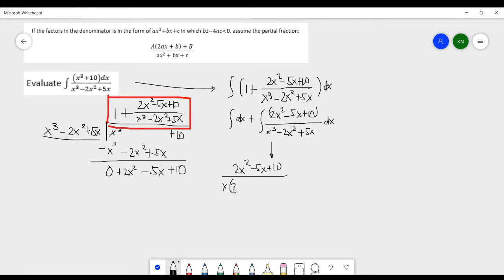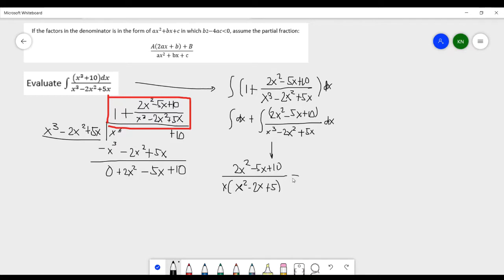Sorry, there's no 2, so there should be x squared only. So there should be x times (x squared minus 2x plus 5). Now this is already in the form ax squared plus bx plus c.